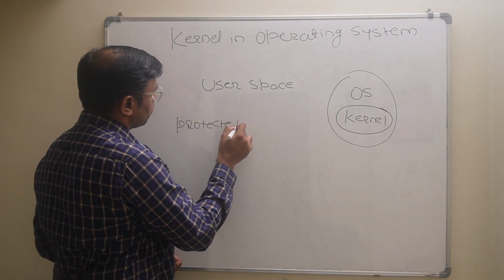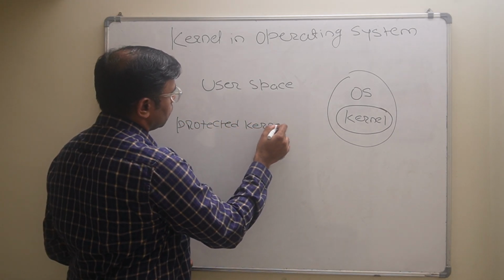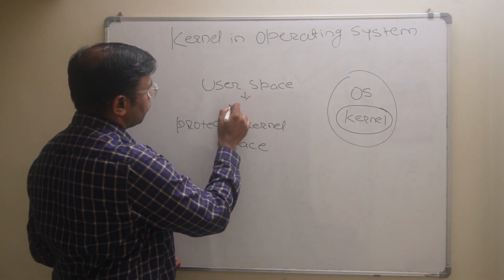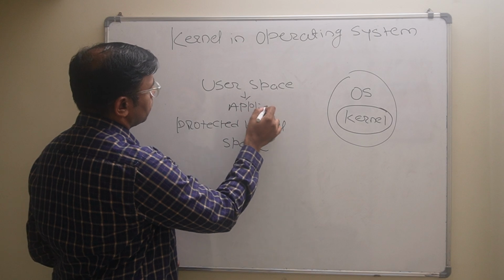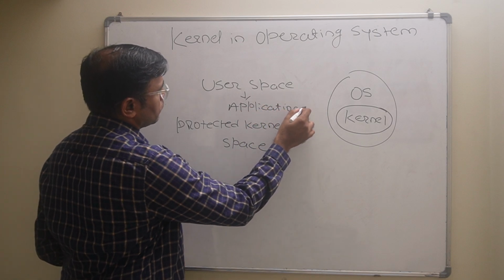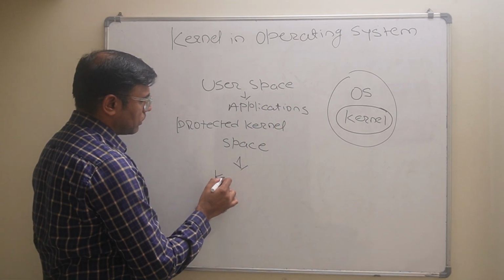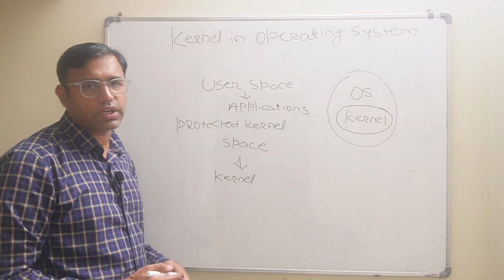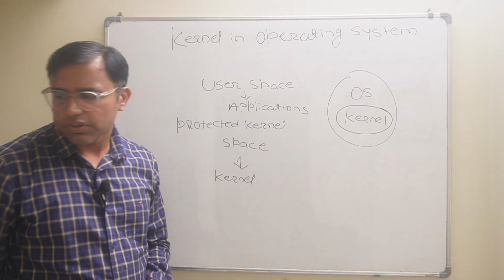In user space there will be applications which are run by the user, and in protected kernel space there will be the kernel. No other program can use that protected kernel space.